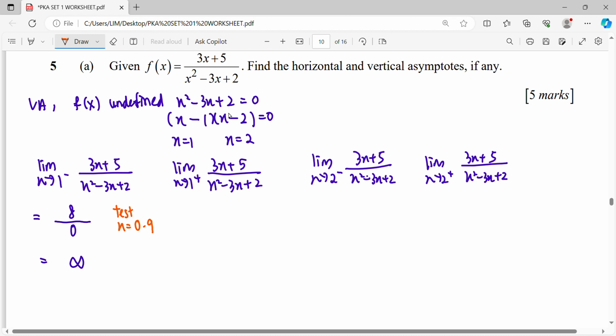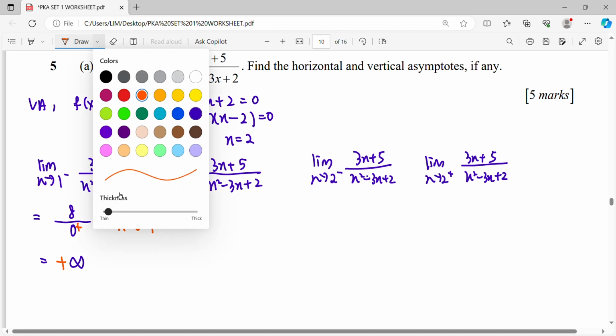Substitute into the denominator, and we will notice that our answer is 0 point something positive. So positive over positive, we are getting positive infinity.